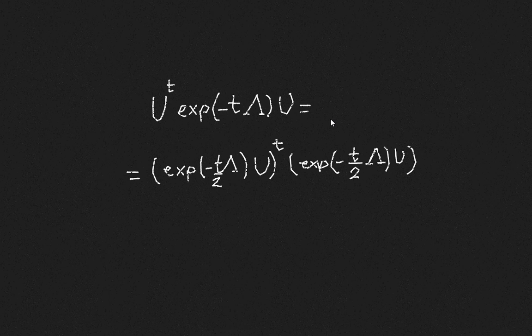Just a trick. You are writing your matrix as A transpose A, where A is a diagonal matrix, this exponential is still diagonal, times an orthogonal matrix.